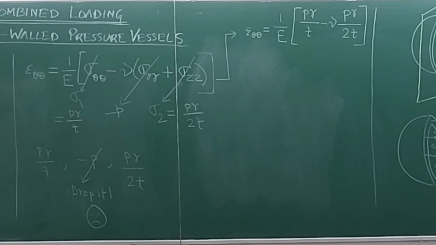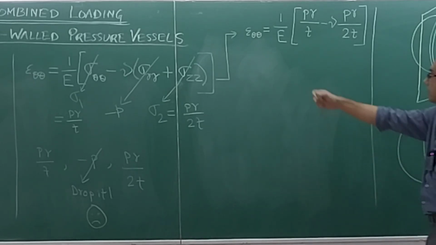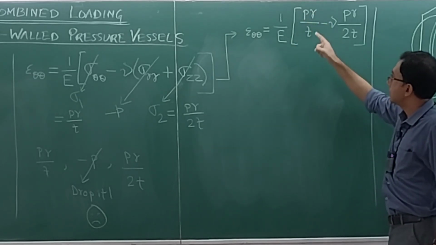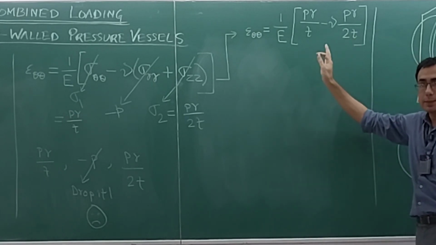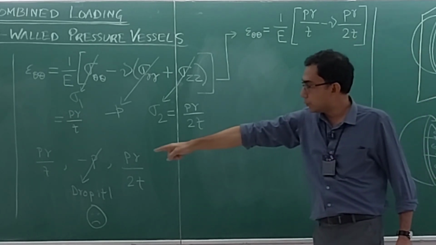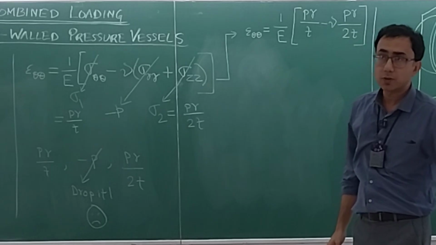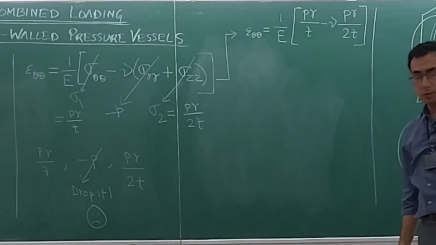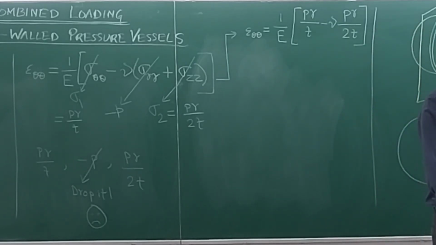The value of E is given, value of P is given, R is given, T is given. You find out the epsilon theta theta and use that to find out the change in diameter. Find out the answer quickly. Do the calculation, please, and then you can take your break.